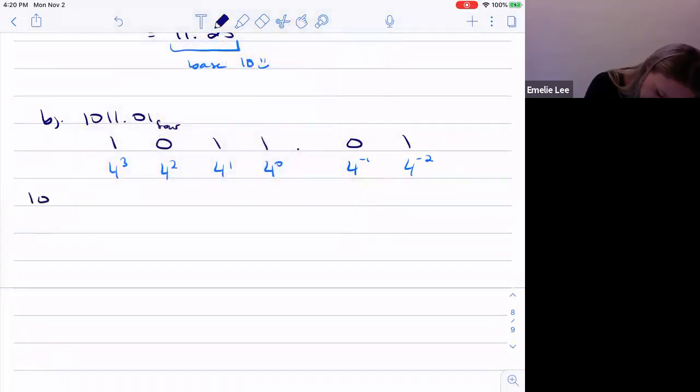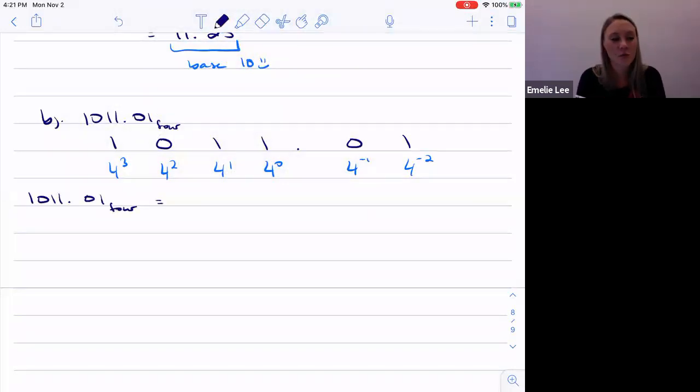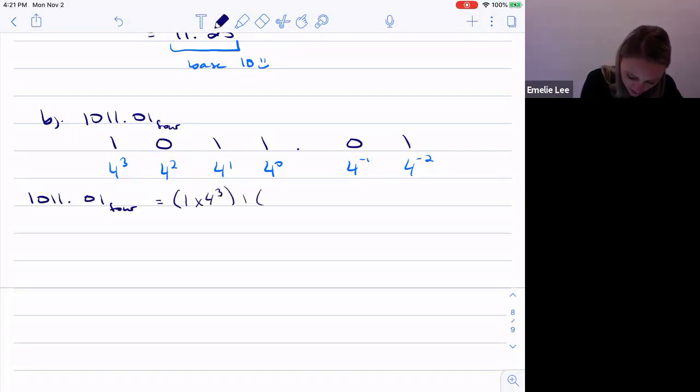And so 1011.01 base 4 becomes, so now I'm just rewriting this out the same way I did. 1 times 4 to the 3 plus 0 times 4 to the 2.